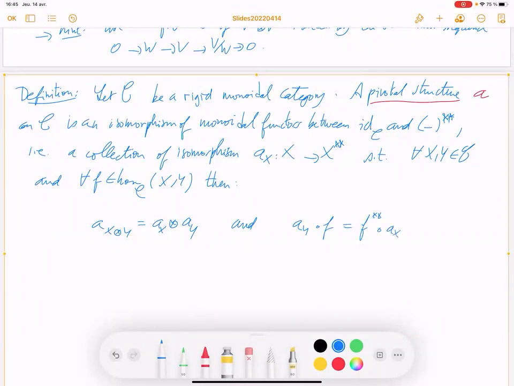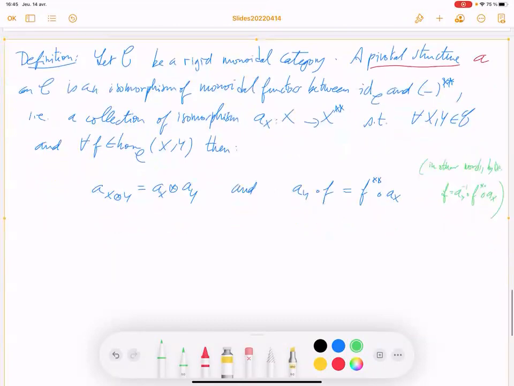In other words, because it is an isomorphism, F equals A_Y inverse composed with F double star composed with A_X.